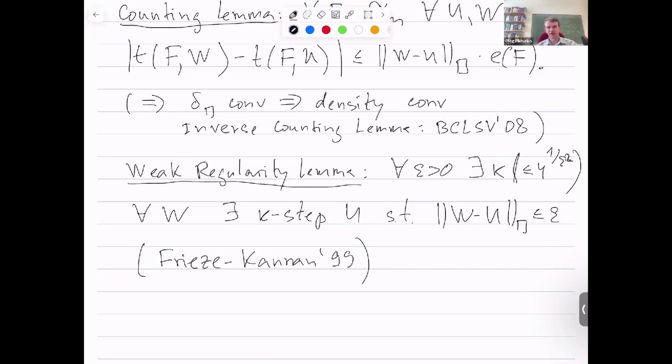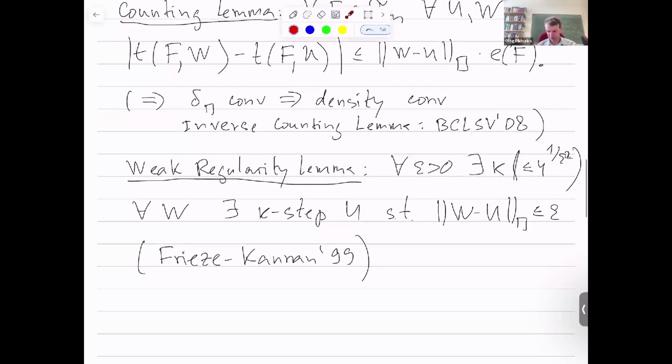So just a summary: this cut distance is closely related to the regularity lemma. And in some applications, it helps that your dependence is not so horrible. It's only exponential, while in the old regularity lemma of Szemerédi, it's a tower function, 2 to the 2 to the 2, 1 over epsilon times, or polynomial in epsilon times.